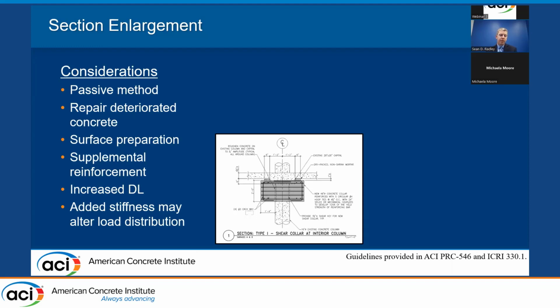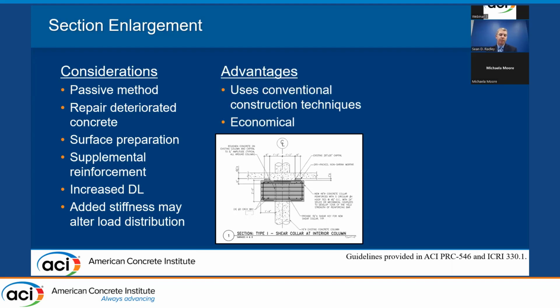In the case of section enlargement for repetitive members like beams or joists, you want to think about how the added stiffness may also alter load distribution in the existing structure at areas away from the section enlargement. Some advantages: this technique uses conventional construction methods and is economical.